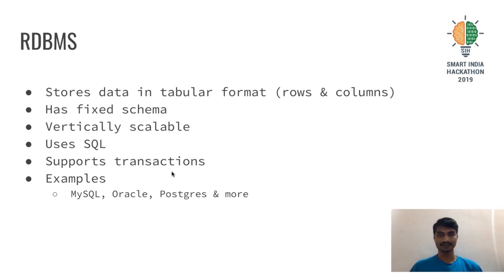We can create a lot of tables, and for each table we need to define a consistent schema. Schema is nothing but the structure of the table, or how the table is going to look. So in RDBMS we need a fixed schema for each table, because whenever we change the schema, a lot of changes have to happen as a cascading effect.